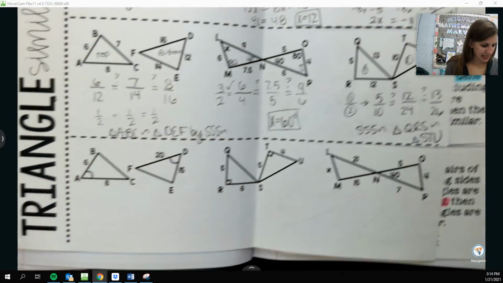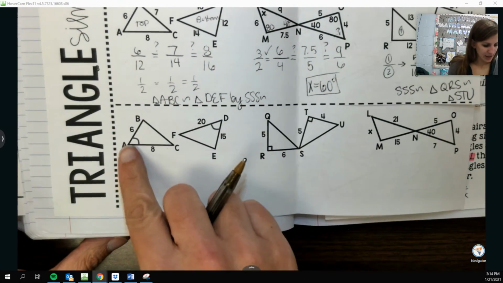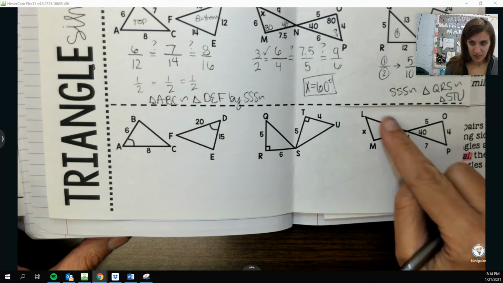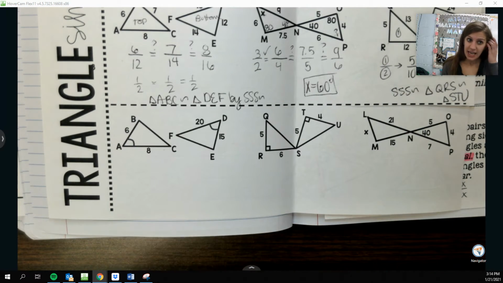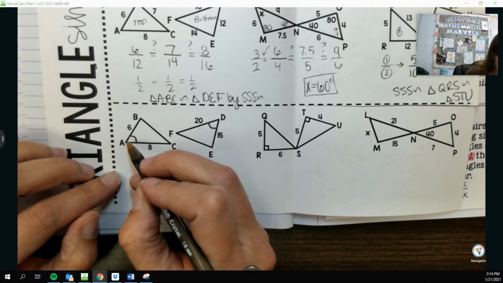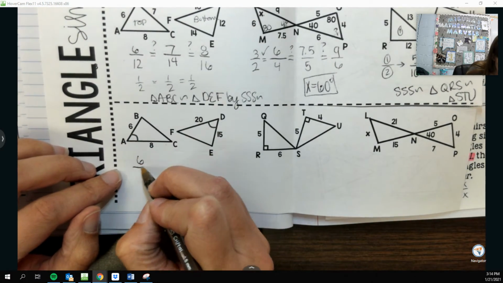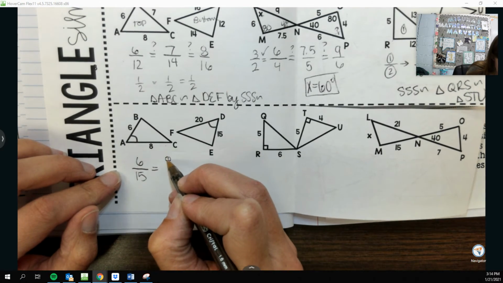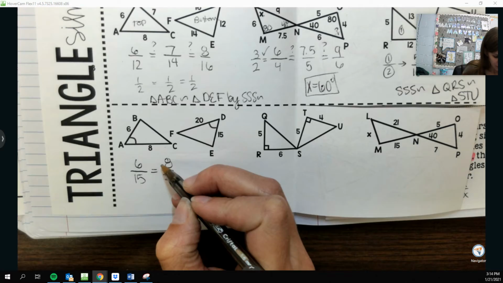Last but not least, totally looks like a side angle side thing going on here as well. And so since that's the case, we just need to make sure that those proportions match up. So on this one here, 6 is smaller. That's got to match up with the 15. And then is that the same as 8 over 20?